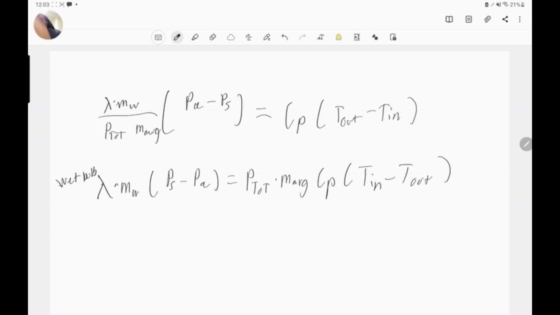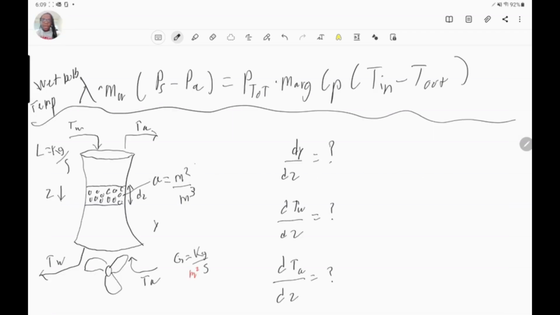And this is our adiabatic saturation temperature, so AS temp. And what we see is that the equations are pretty close. They're almost the same. And so from that, we know that the adiabatic saturation temperature and the wet bulb temperature are the same.